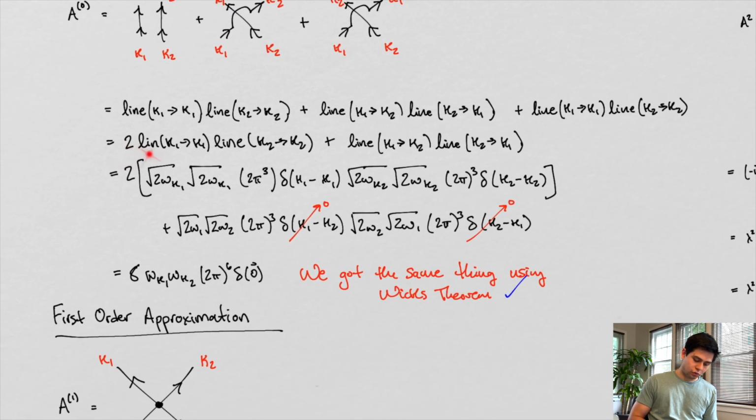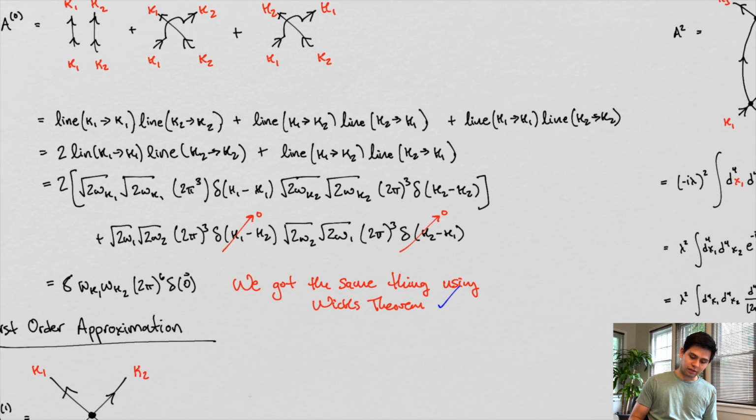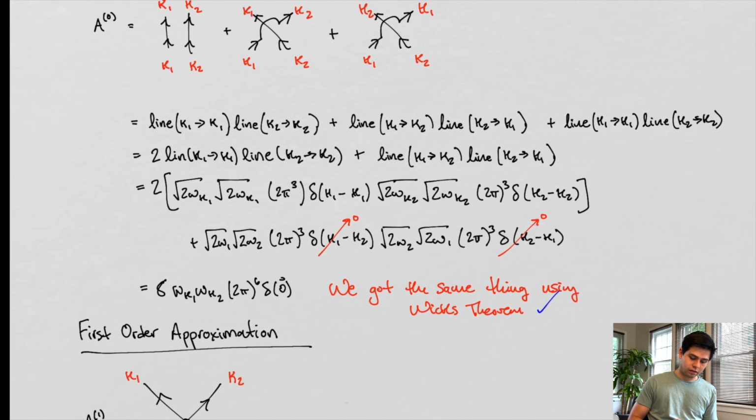So for K1 to K1, K2 to K2, we have two right here because these are the same. If we're looking at this algebraically, there's two of them essentially, so multiply that by 2, and we have this guy here.